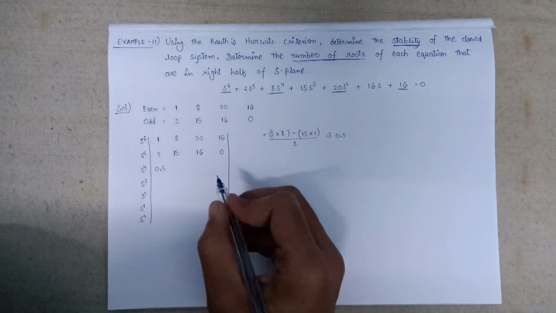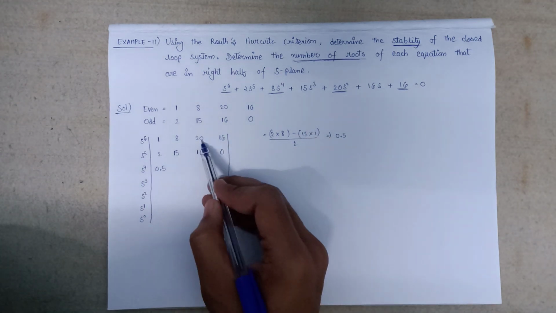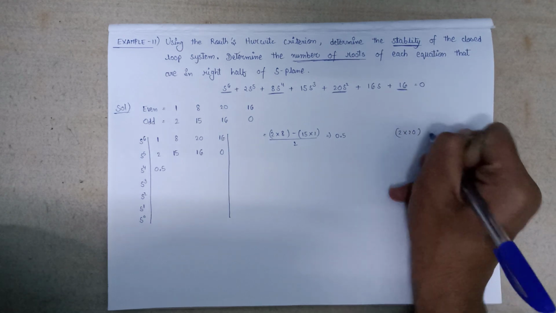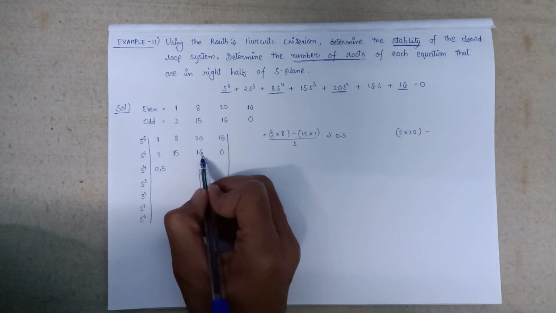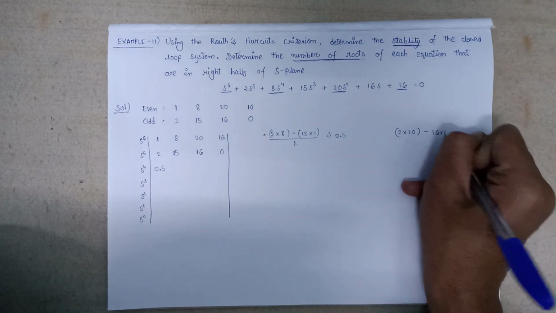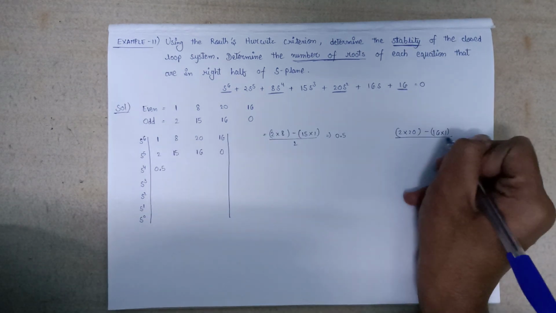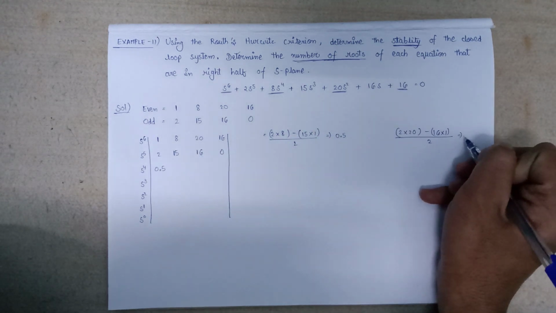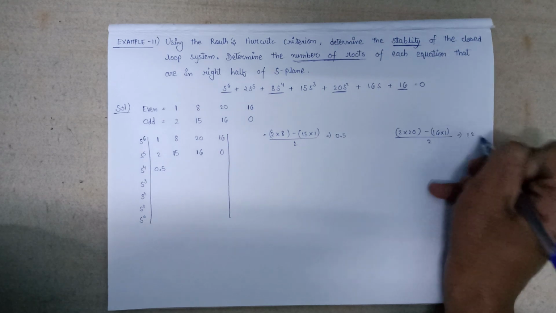After this, 2 multiplied with 20, 2 into 20 minus 16 multiplied with 1, the whole divided by 2, so we get 12 as a result.